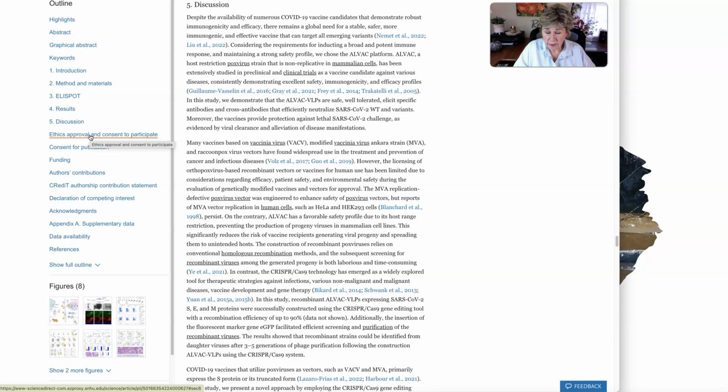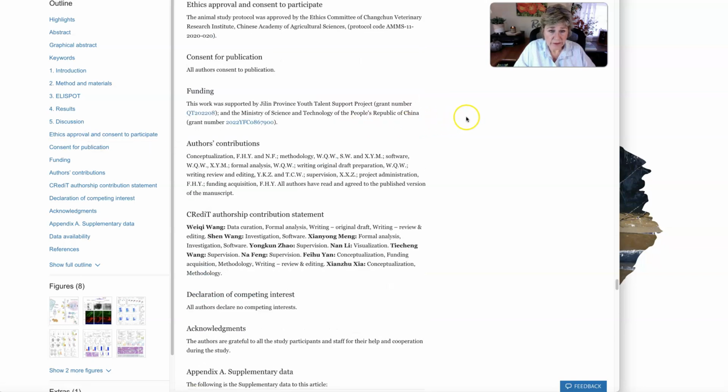Here's another important section. Ethics, approval, and consent to participate. Animal study protocol was approved. Funding, terribly important. Why? Because that colors your research. If a big pharma company is sponsoring your research on a new GMO, you know that they want one particular result, right?